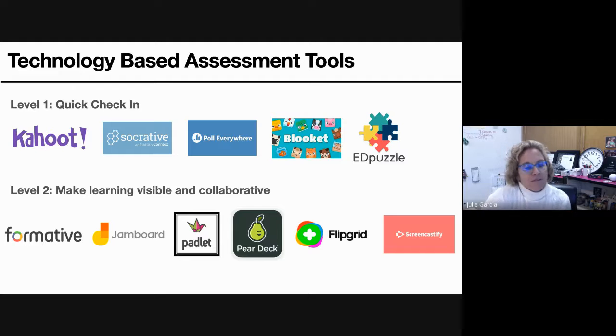These are some of my favorites for level 2 in how can we make learning more visible or collaborative. So one tool is Formative. And the reason we love Formative is because students can draw on Formative, so there's more interactivity.